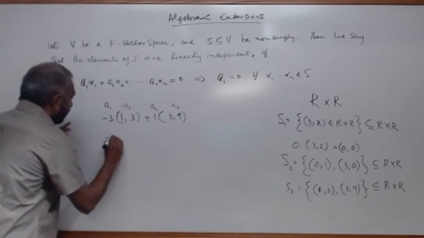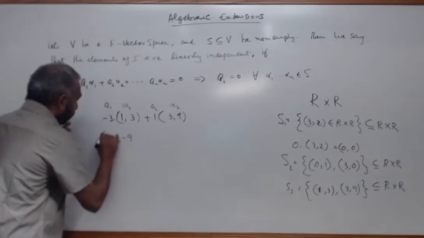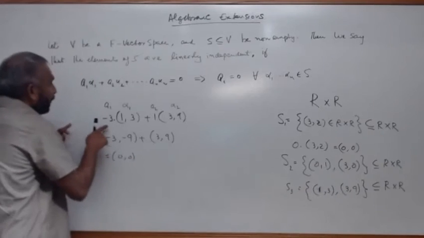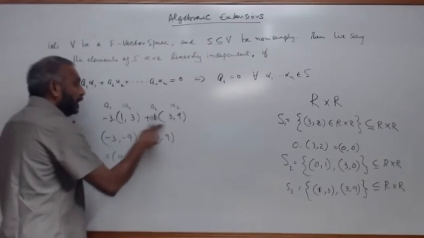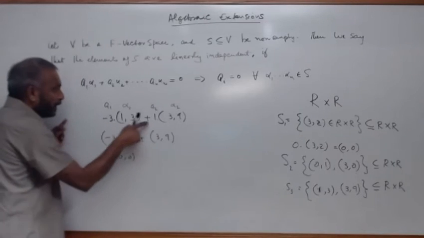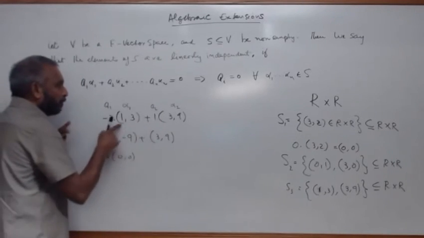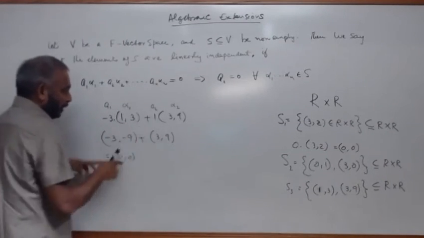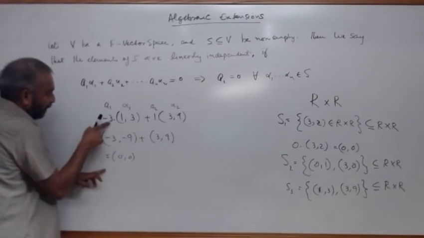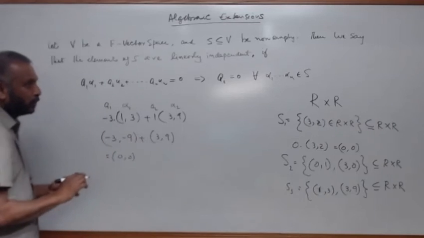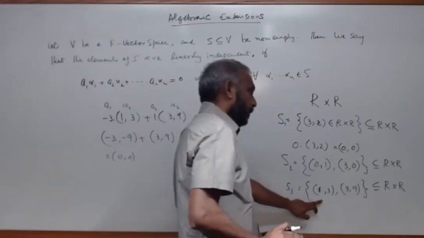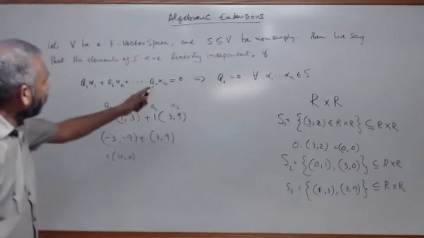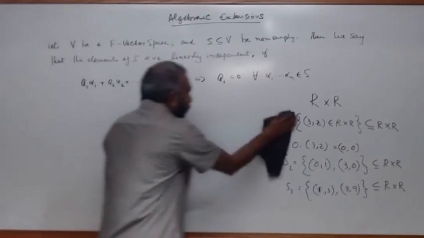So multiply 3 minus 9 plus 3, 9 is equal to 0, 0. See, these vectors are not linearly independent because we can find non-zero scalars such that when you do a multiplication and add together, you still get zeros, without the A1 and A2 being zeros. So this is a linearly dependent collection. These two are linearly independent collections. So that's what I meant here.